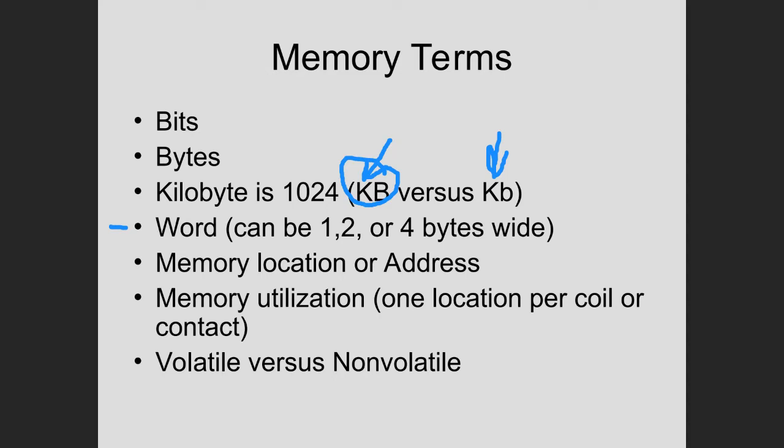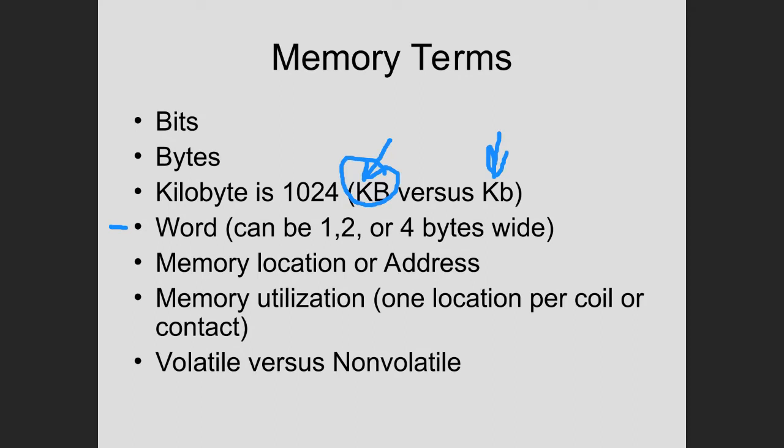They can have a word that's one byte long. Remember, a byte is 8 bits. They can have a word size that's 2 bytes long, so it'll be 16 bits. Actually, there's another unit I don't have on the slide: 4 bits is called a nibble, half a byte, like you might nibble on something.